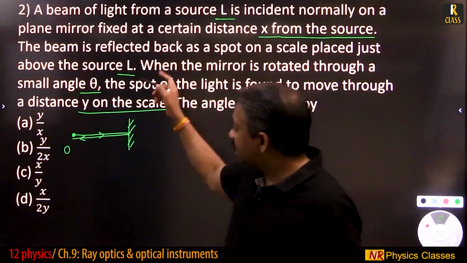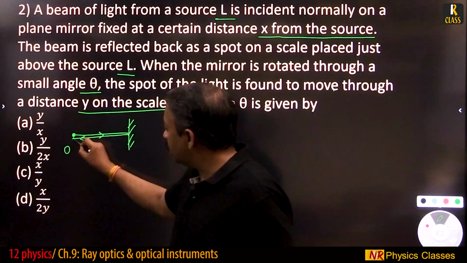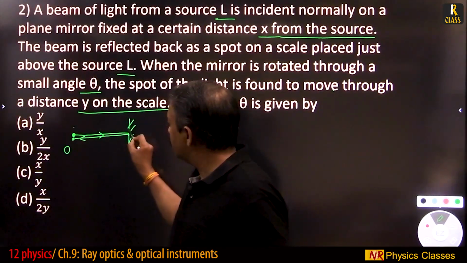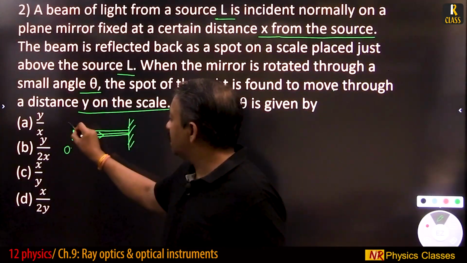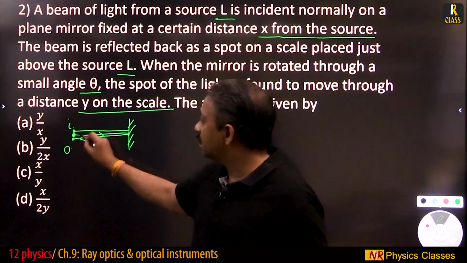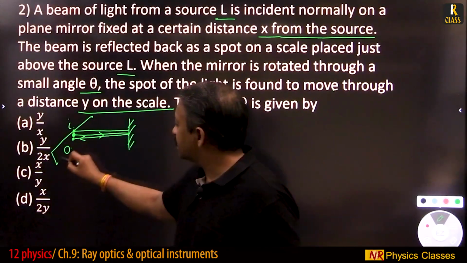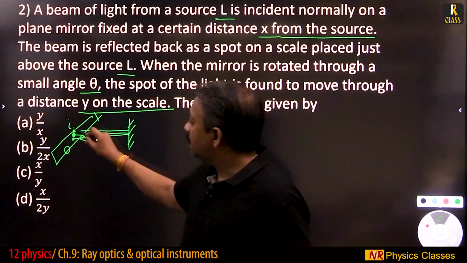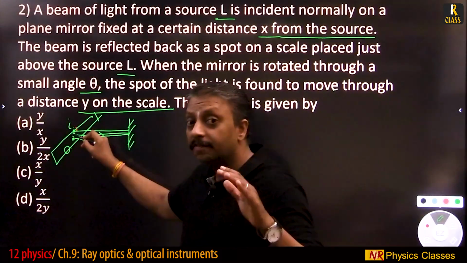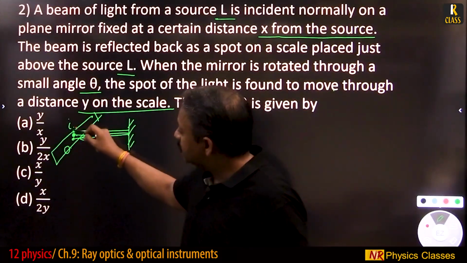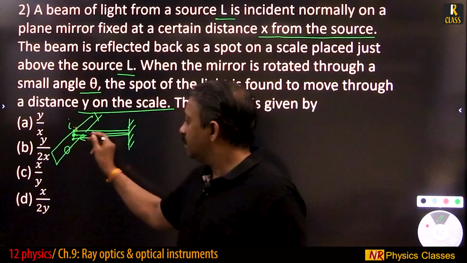So the arrangement is such that the reflected spot lies just above the object. Because a scale is placed something like this, the reflected spot is obtained just above the source.